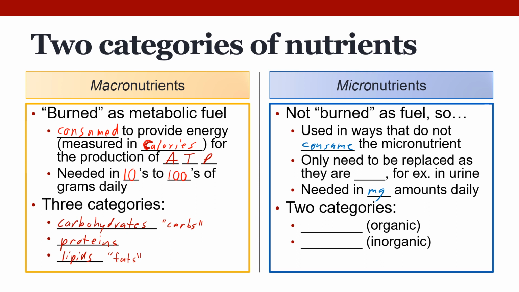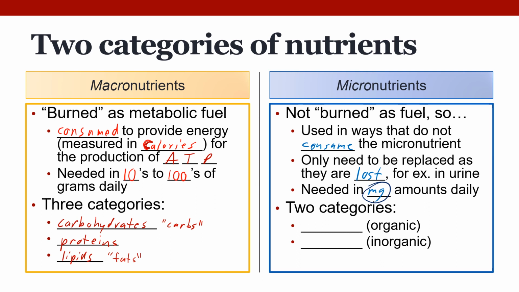They only need to be replaced as they are lost. For example, water-soluble micronutrients are lost in the urine every time you urinate. So they have to be replaced in milligram amounts because we only lose that much of them daily in urine and so on.